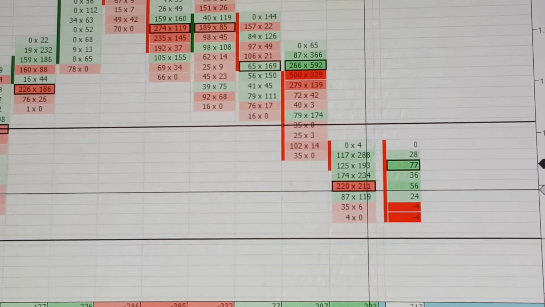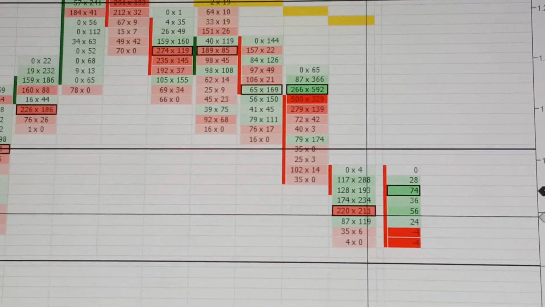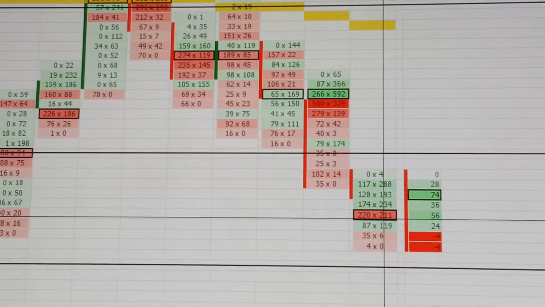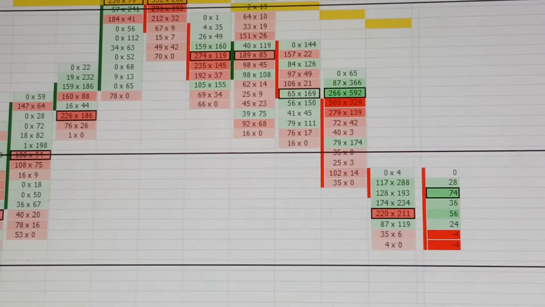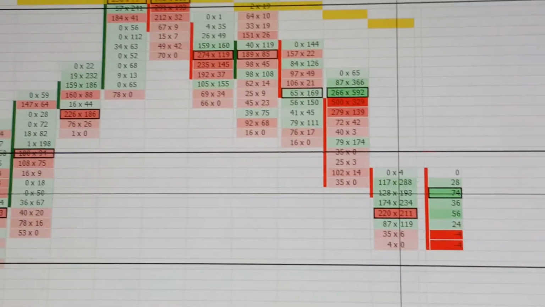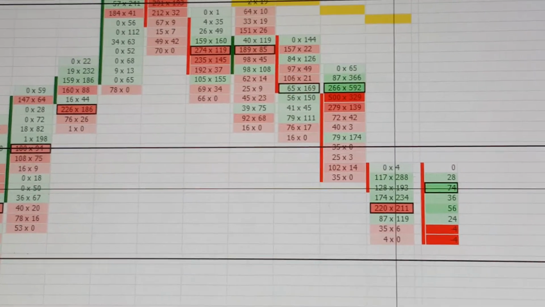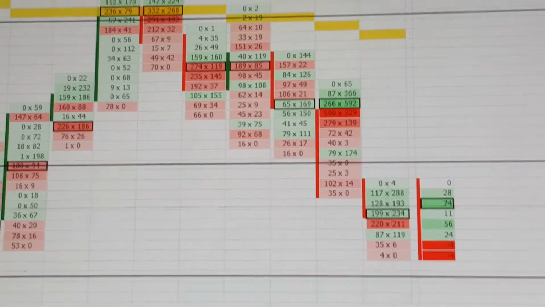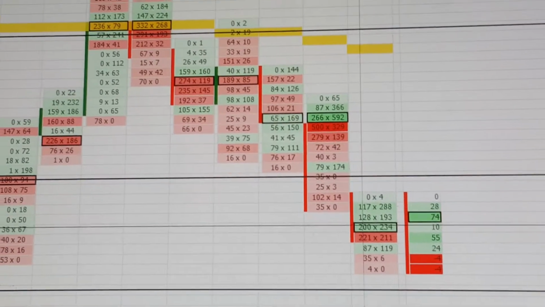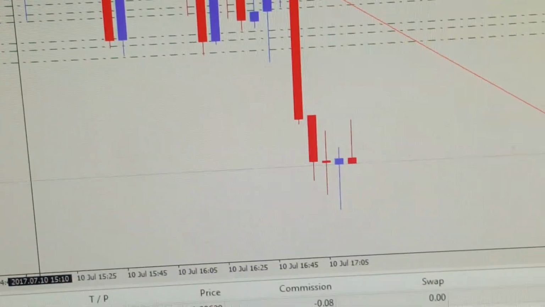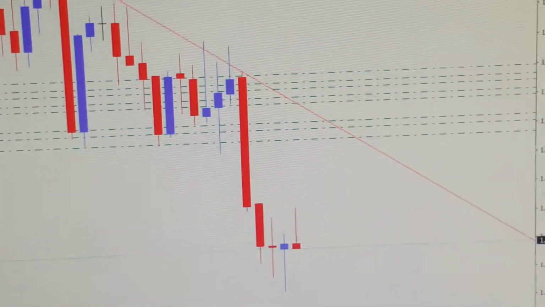GBP USD. Do not be fooled by retail, because see these little clusters right here, I can differentiate between institutional selling and retail. We don't see any institutional buying, and this is the reason why we remain short on these levels. This is exactly what the dealers do.